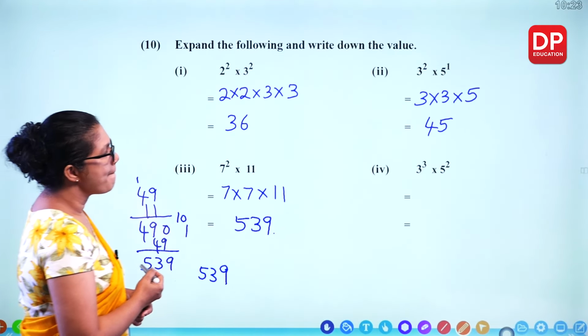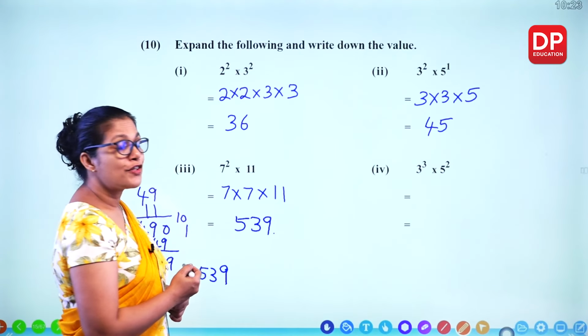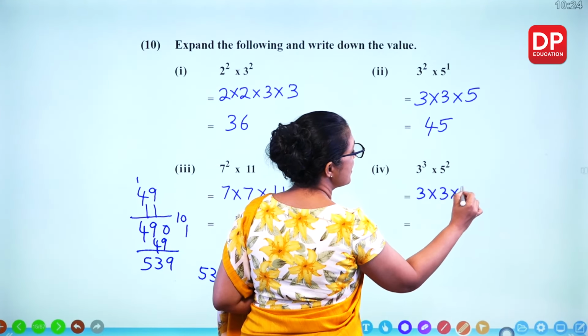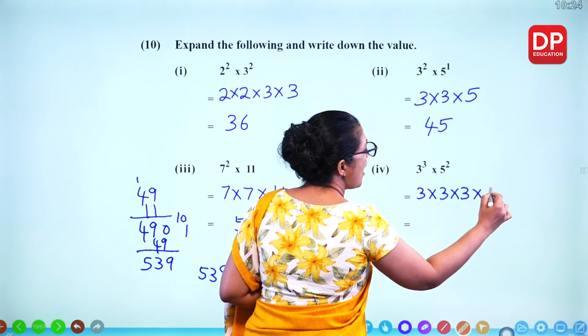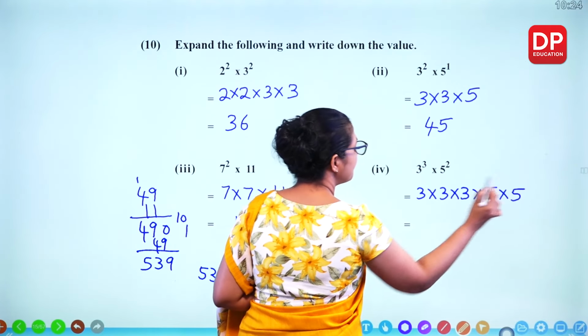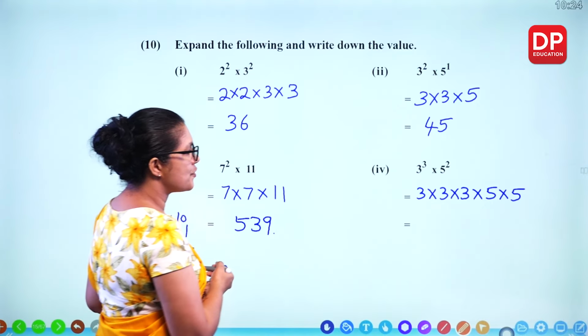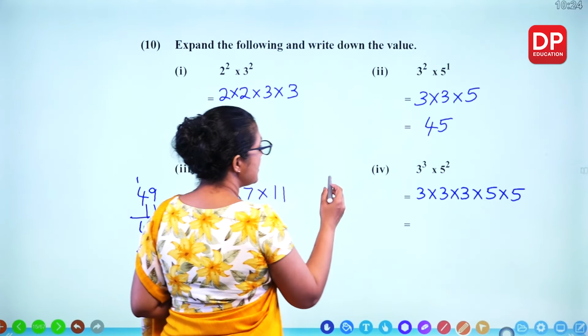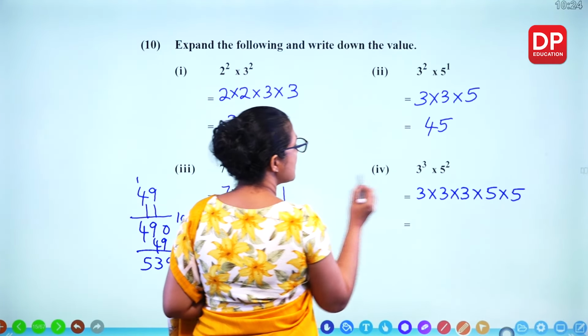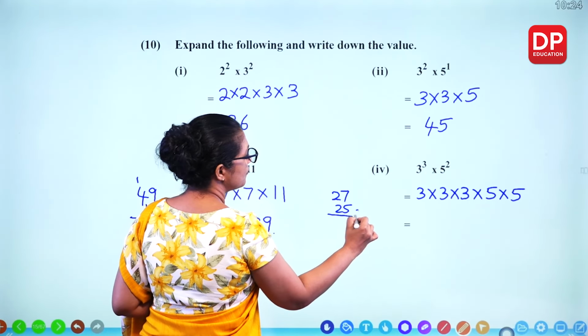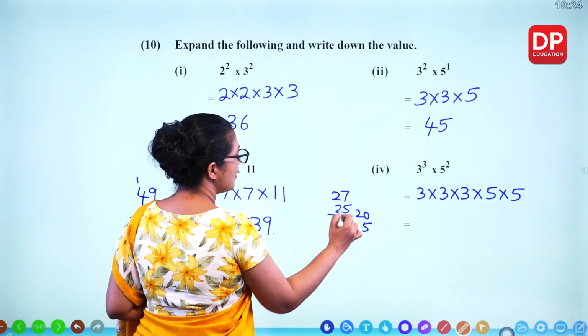This one, 3 to the power 3 is 27. 3 times 3 times 3. 5 squared, 5 and 5. So 3 times 3, 9. 9 times 3, 27. 27 times 25. 20 and 5.